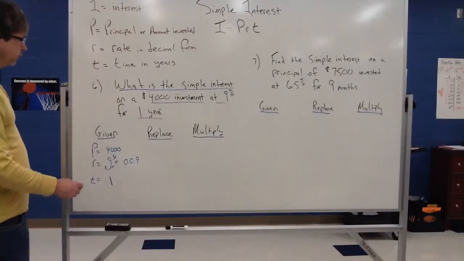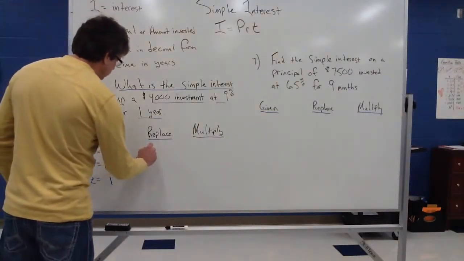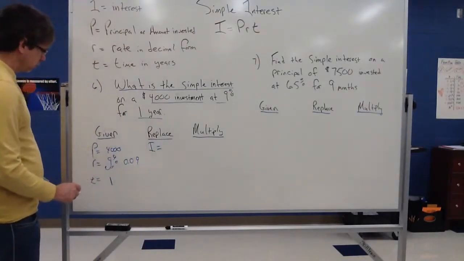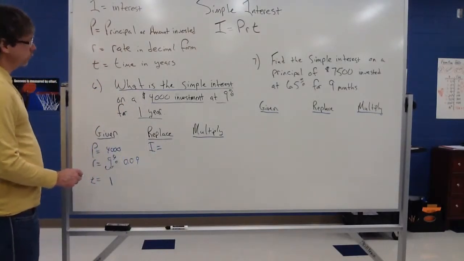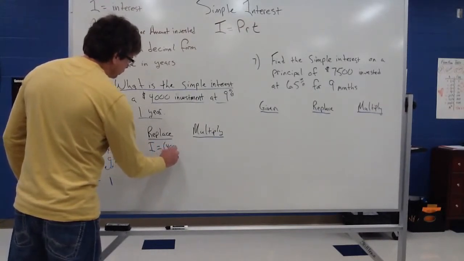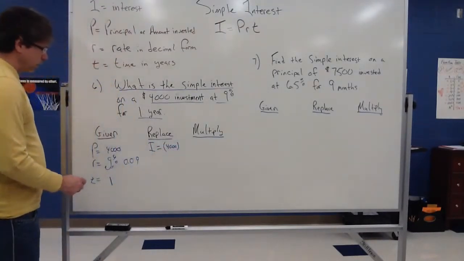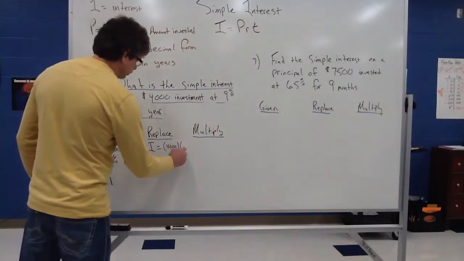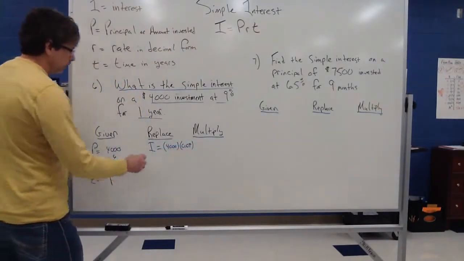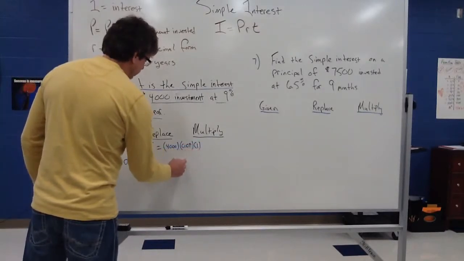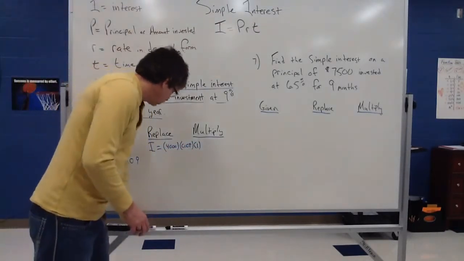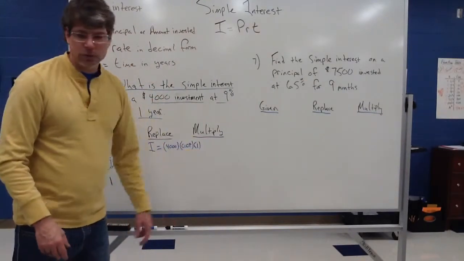So we're now ready to replace. I stays as it is. The principal we changed to 4,000. And I'm going to use parentheses to denote multiplication. The rate was 0.09. And the time was 1 year. So now we're ready to do our next step, which is to multiply.